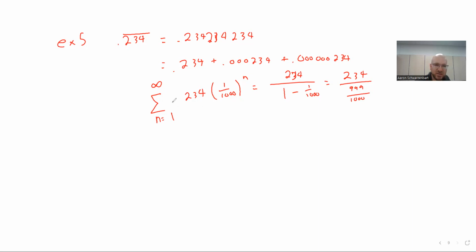No, I should have started at 0 with 0.234. So now I'll multiply the top by 1,000 to get 234 over 999. And then I can go ahead and reduce to 26 over 111, because those are both divisible by 9.